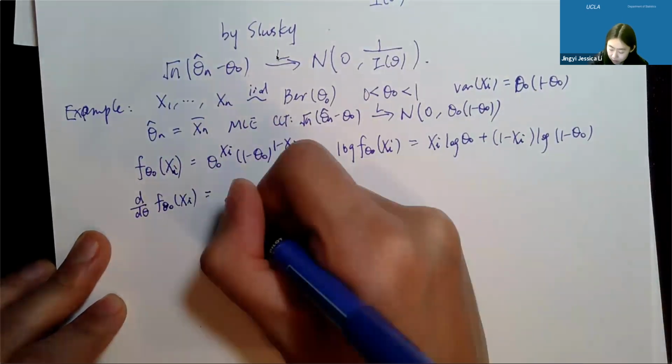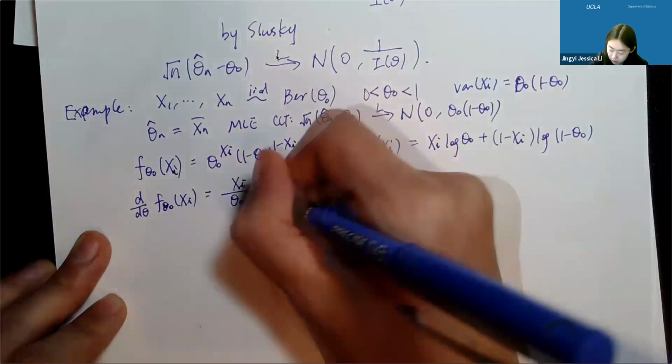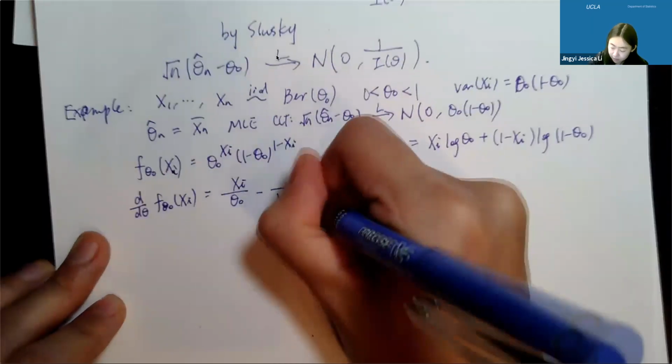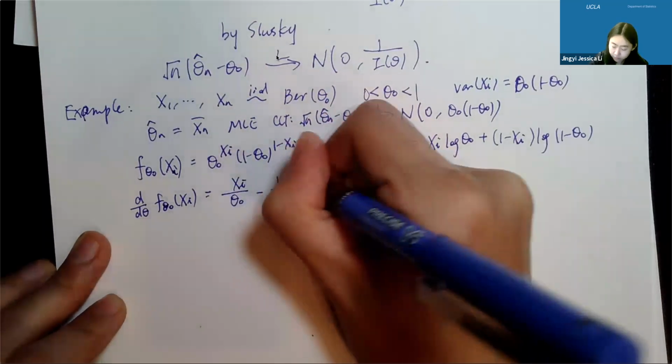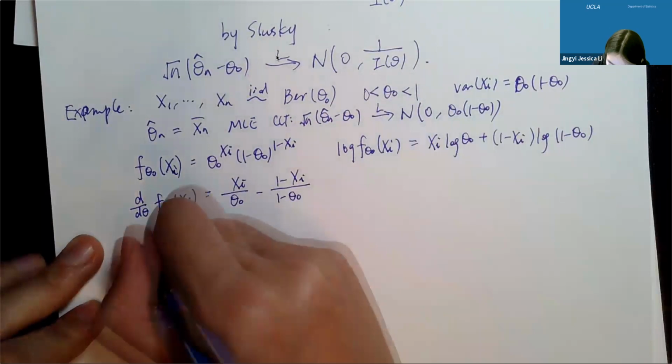It's just xi over theta 0 minus, because of the negative sign, 1 minus xi over 1 minus theta 0. That's the first derivative. Then how about the second derivative? Let's just go one more.